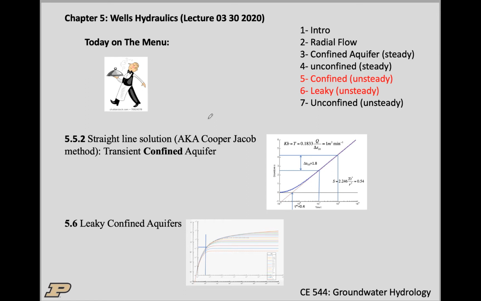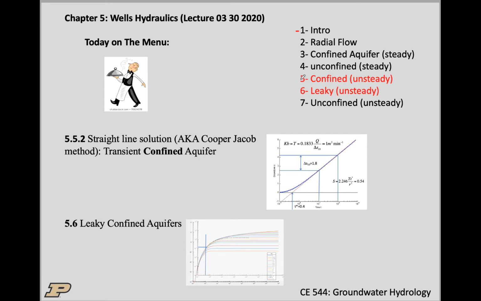Anyhow, okay, so today on the menu, here on the top right you get a little recap of what we've done before. So intro, radial flow, the steady state equations for confined and unconfined, and then last time we started the confined transient flow with the Theis curve, the curve matching method.